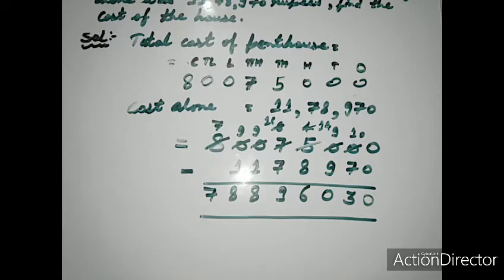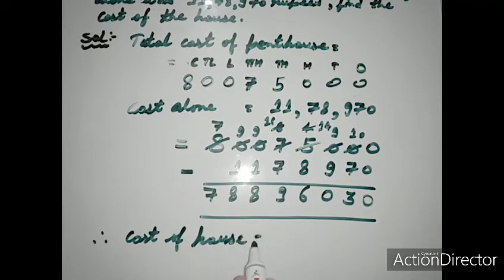So hence the cost of the house is equal to 7 crore 88 lakh 96,030.